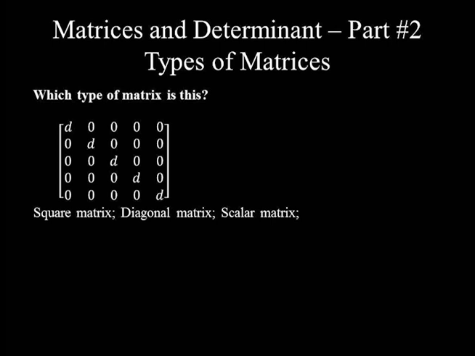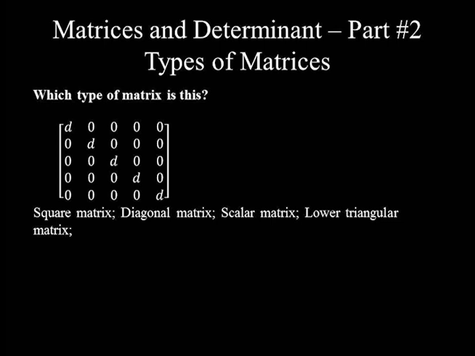The fourth question, is it an identity matrix? The answer is no, it's not, because the main diagonal elements are not 1. If all these are replaced by number 1, it will be an identity matrix. The other question, is it a lower triangular matrix? Yes, it is, because all elements above the main diagonal are zeros.